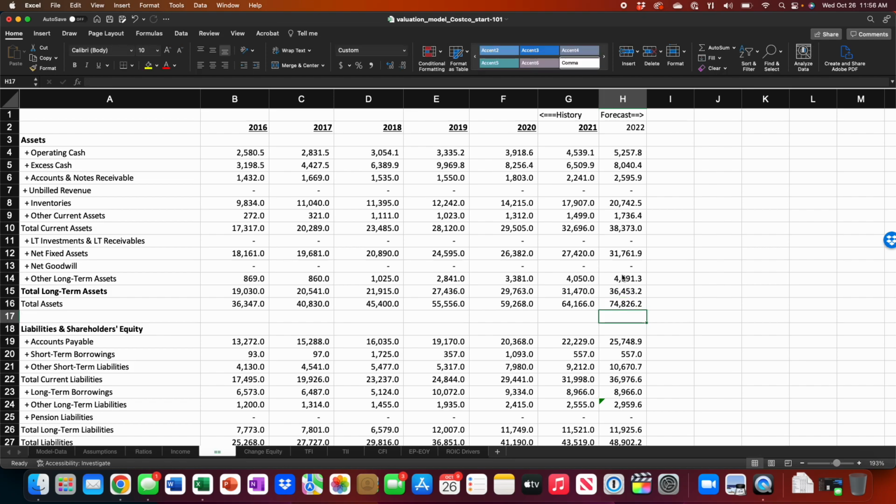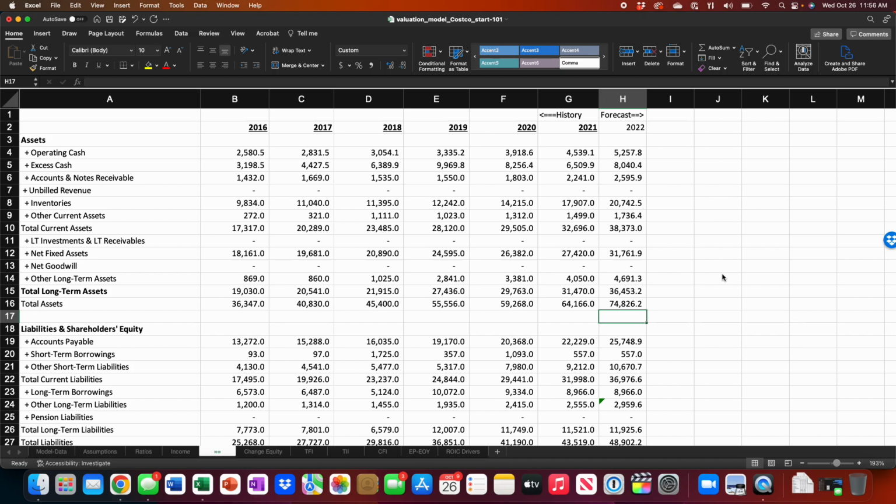And if I want to do a double check, I take my current assets plus my long-term assets, and I should get 74,826.2. So because I plugged excess cash and added everything up, I still get to the same answer as the total assets. I'll get rid of that.